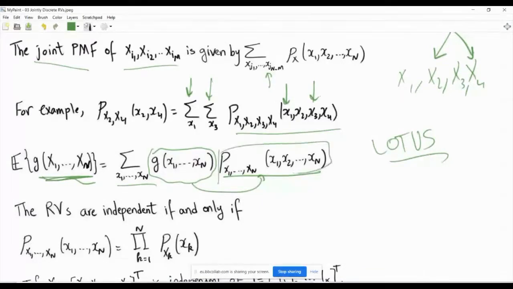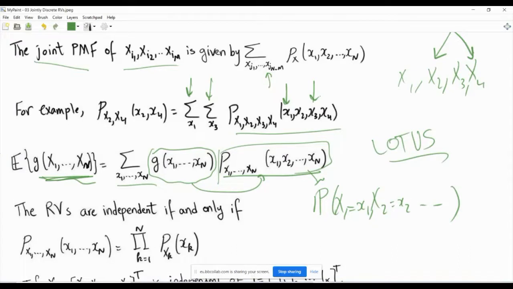Remember that the PMF is nothing but the probability that big X1 is equal to small x1, X2 is equal to small x2, and so forth. You multiply each value of the function by its probability and sum, and this gives you the first moment, the expectation, of g of X1 till Xn.